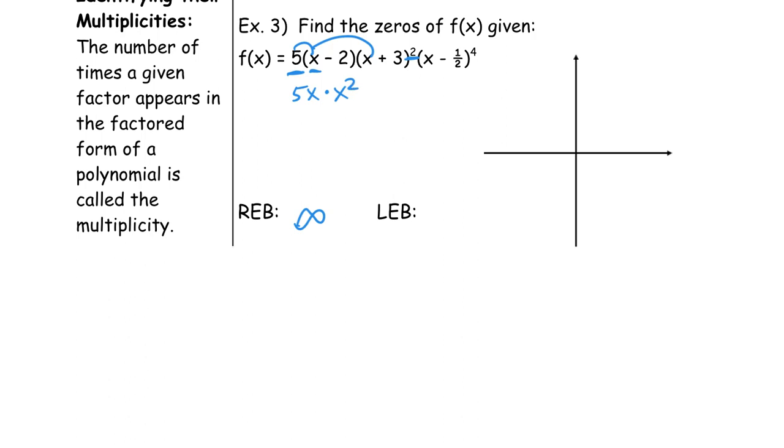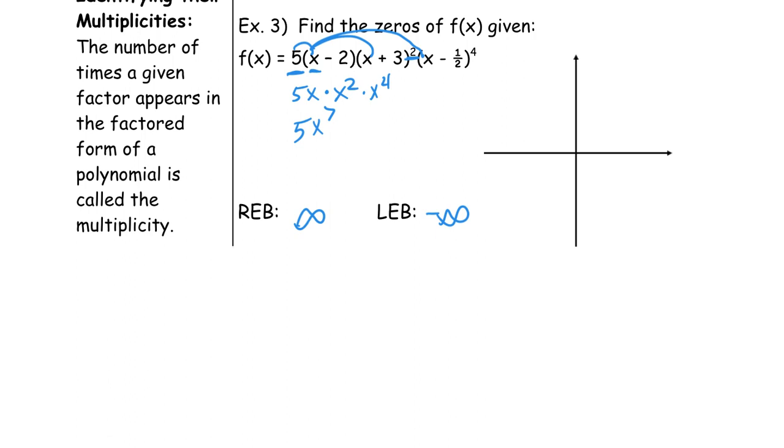And then we'd multiply by another x, and that one's going to be x to the 4th. So we end up with what? 5x to the what? 7th. Since my degree is odd, my left end behavior will be the opposite.